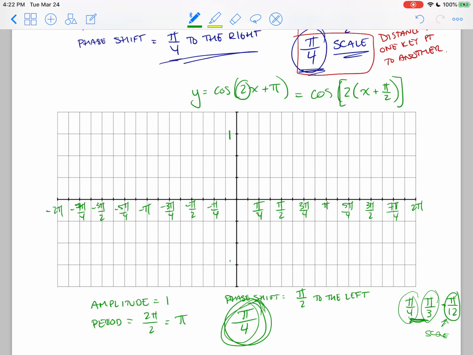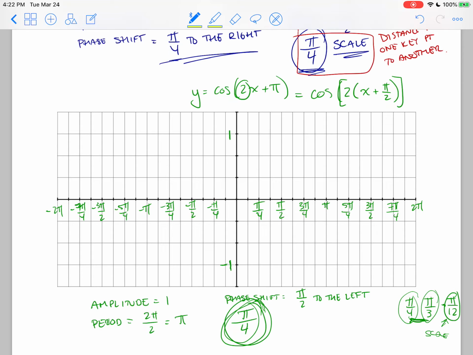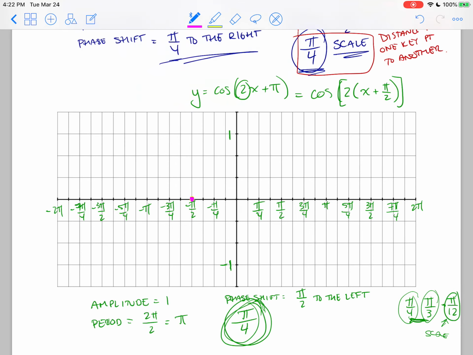The amplitude is 1 here, so I'm going to make this 1 and this -1 down here. And we're starting, let's use a different color here, let's try yellow. We're starting pi over 2 to the left, so that's here. No, that's not going to work. There we go. Starting pi over 2 to the left.